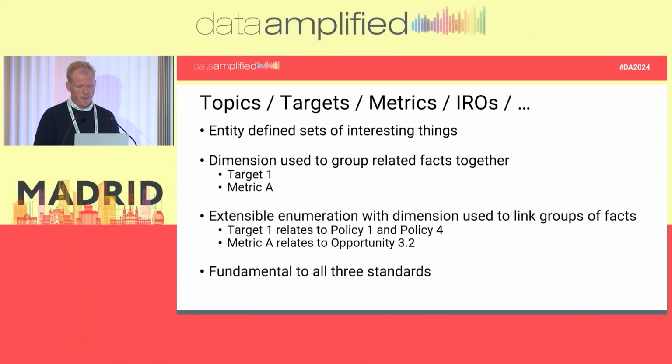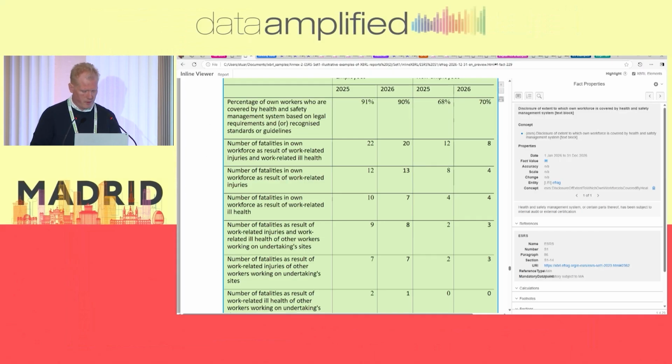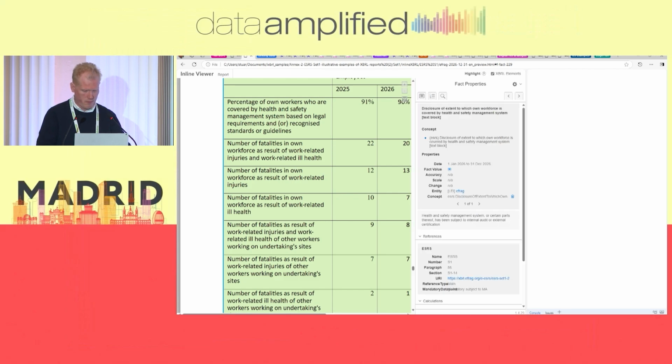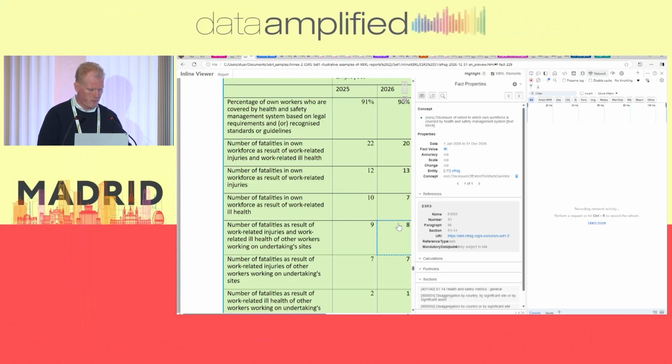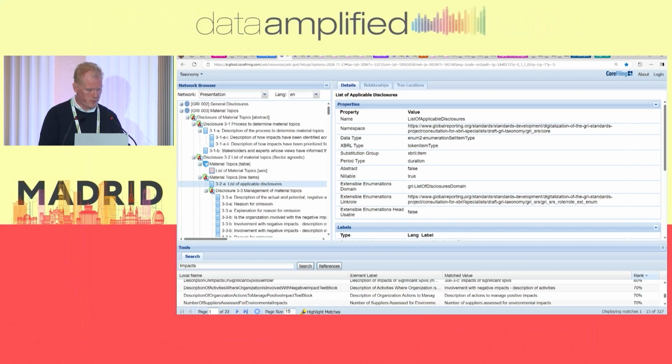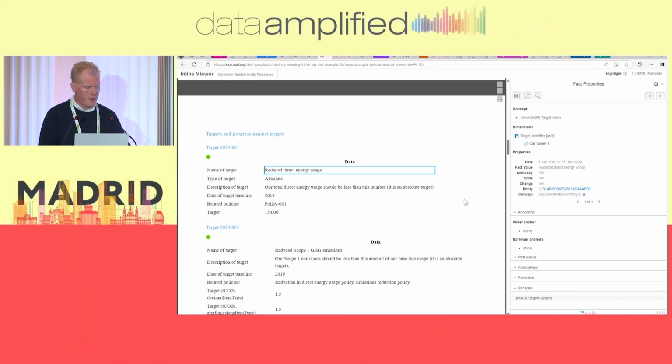It's the same mechanism technically being used in all three standards, even if they're slightly differently arranged because of what the standard wants and does. I'm going to skip over these, but they are all in the taxonomies.